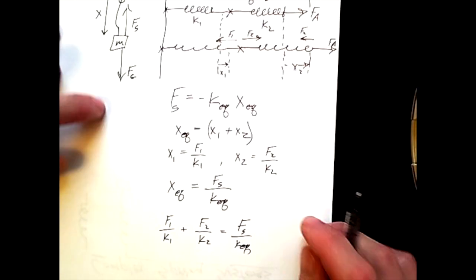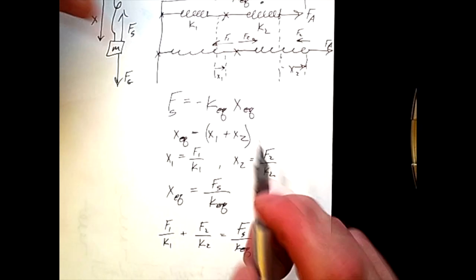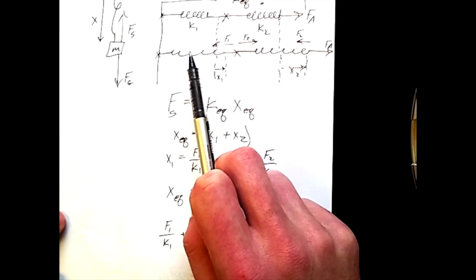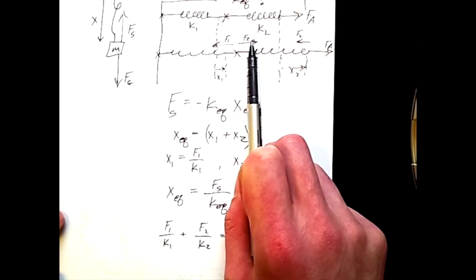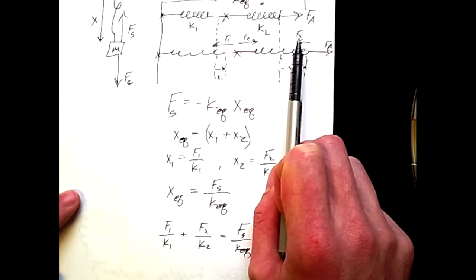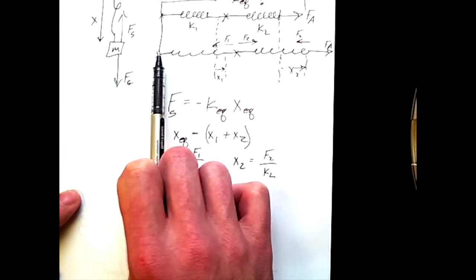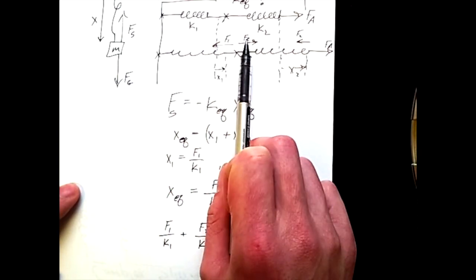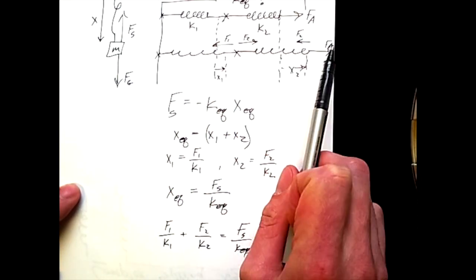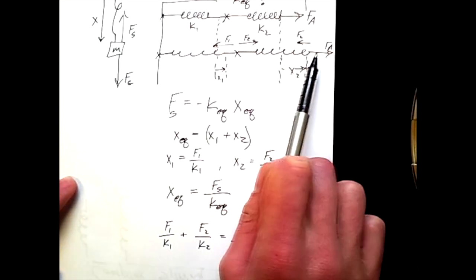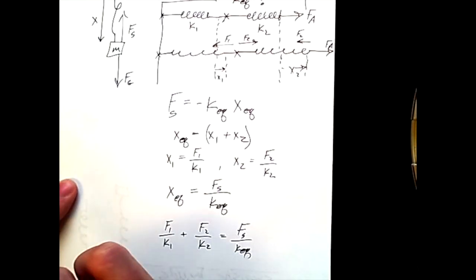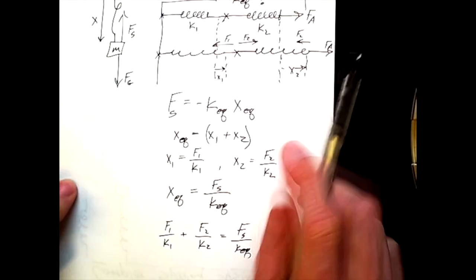And so what that means is that based on the fact that the system is at equilibrium, F1 is at equilibrium with F2, and F2 is at equilibrium with FA, and FA is at equilibrium with the overall spring force, F_s. So F1 equals F2 equals FA equals the force of the spring system pulling in order to resist the deformation of the system.